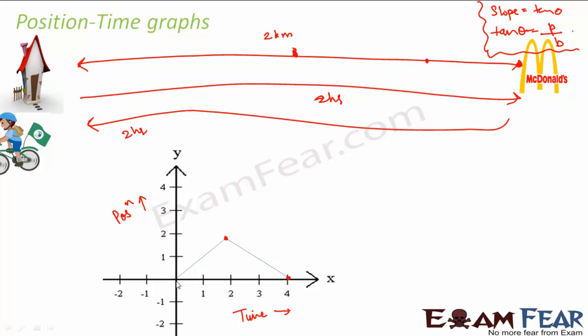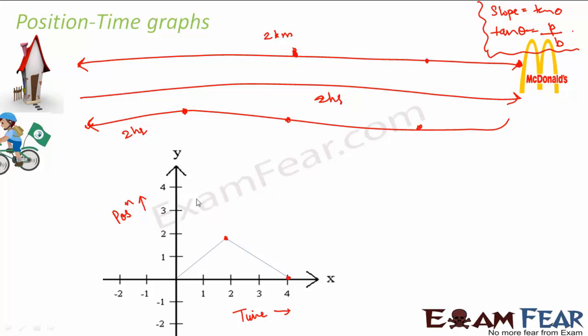As the time increases, the position of the object changes from 2 to 1.5, to 1, to 0.5, and then again it reaches 0. So that is how the position of the object is changing, right?